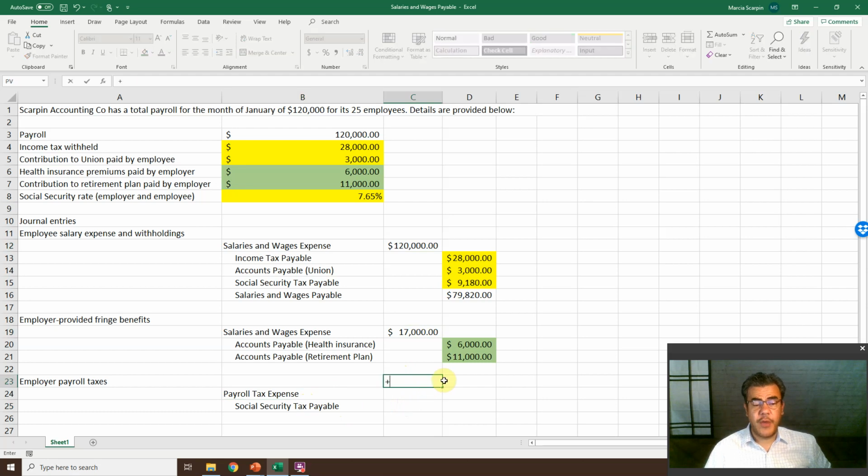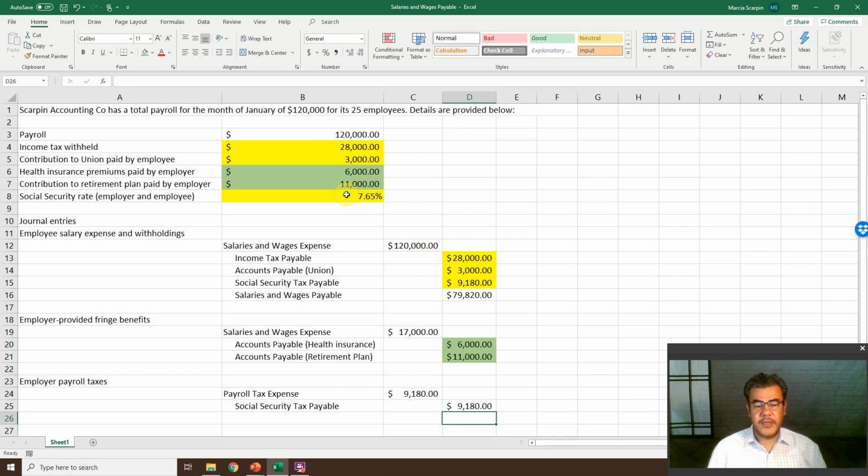So payroll tax expense, that is a single journal entry, 120 times 7.65, and it is the social security tax payable. So how much will the company pay to social security? 9,180 plus 9,180. So it is the security tax payable here.